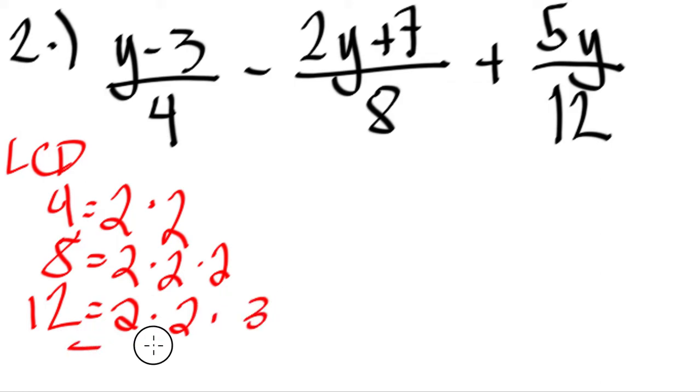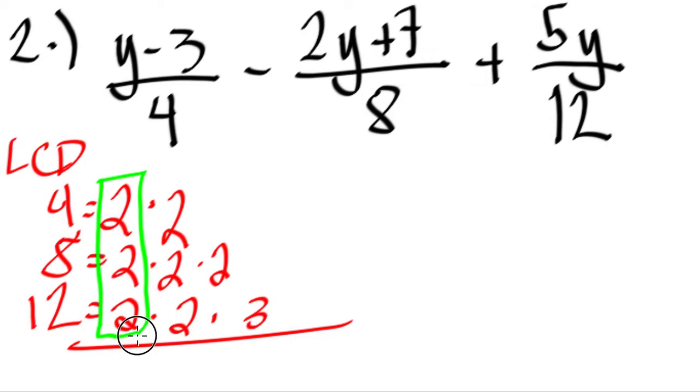Then we're going to get the least common denominator. We first highlight what is common to all of them. We have a common 2 for all the integers 4, 8, and 12, and also another common 2. So we have 2 common 2's, and we're only going to count these 2's once in the multiplication in getting the LCD.